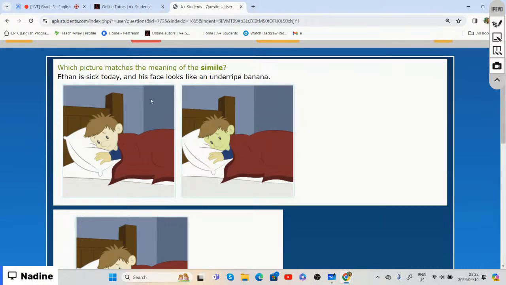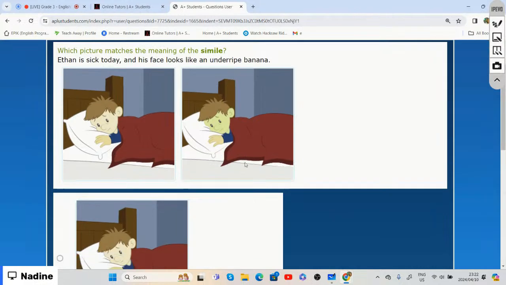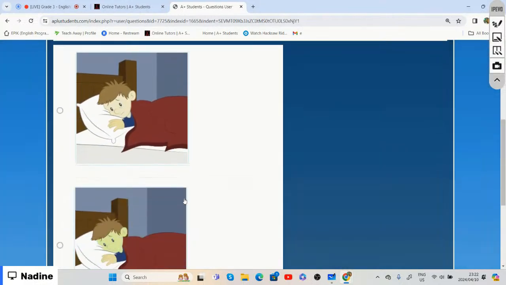All right, it says Ethan is sick today and his face looks like an underripe banana. We need to say which one is the correct one.